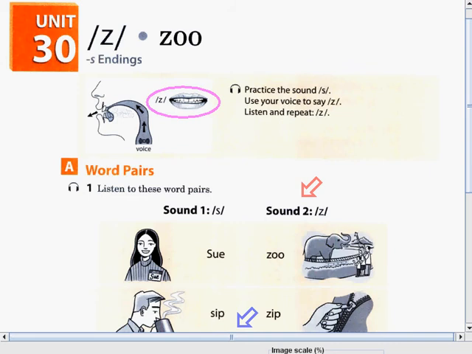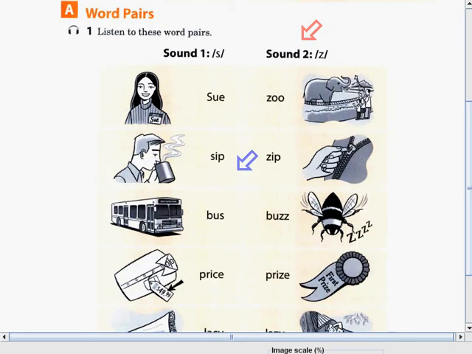Okay, now that you already know how to produce this sound, let's talk about word pairs. People commonly mispronounce words with S sound and Z sound because normally they substitute the sound, especially foreign students that don't have this kind of sound.